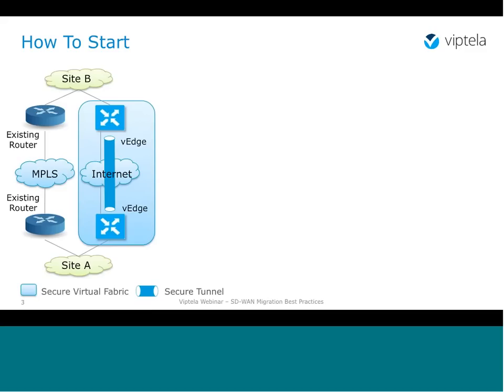So what we observe is that people are deploying a side-by-side software-defined wide area network by introducing the new CPE devices. In this case, these are Viptela vEdge routers, and those are connected to just an internet circuit. This could be broadband, cable, anything that is not consumed by your production environment.